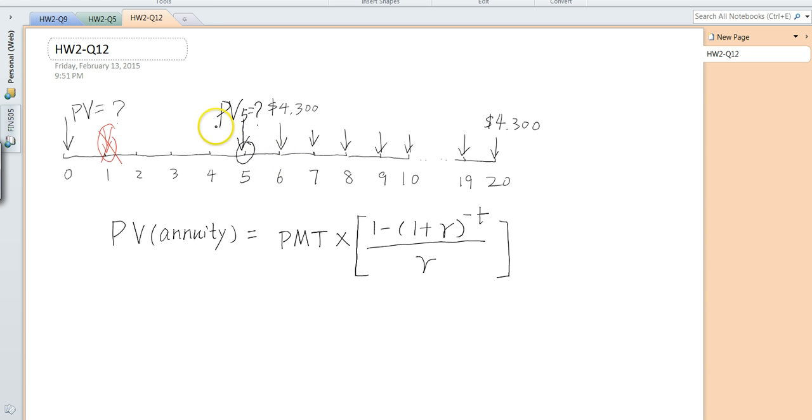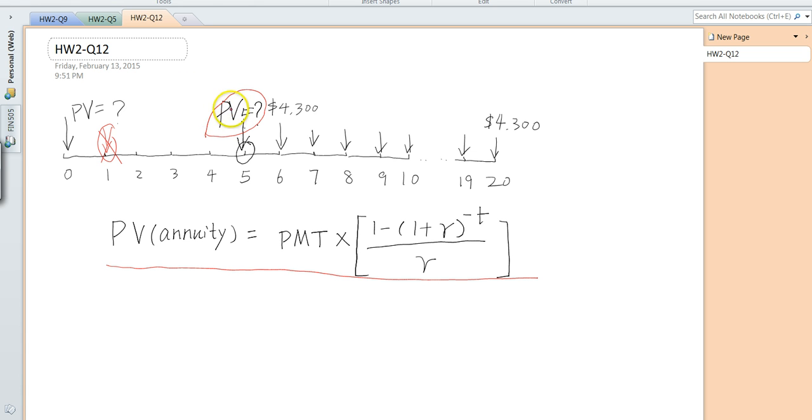Once we have this present value in terms of year 5, remember we still haven't figured out the true present value yet, because the question is asking for the present value in terms of year 0. But suppose we figure that out. I think that's easy to do, because we can just use this formula, and every input is known.